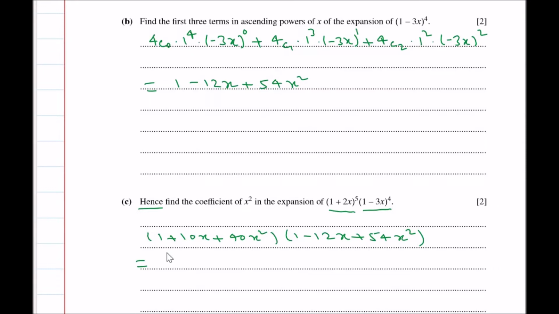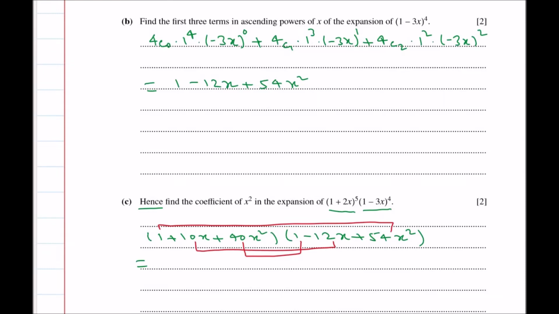So for that we'll see all the permutations here. If we multiply 1 with the last term here, we'll get a term with x square, right? If we multiply 10x with minus 12x, we'll get one term with x square. And if we multiply 40x square with 1, that will give us another term with x square.